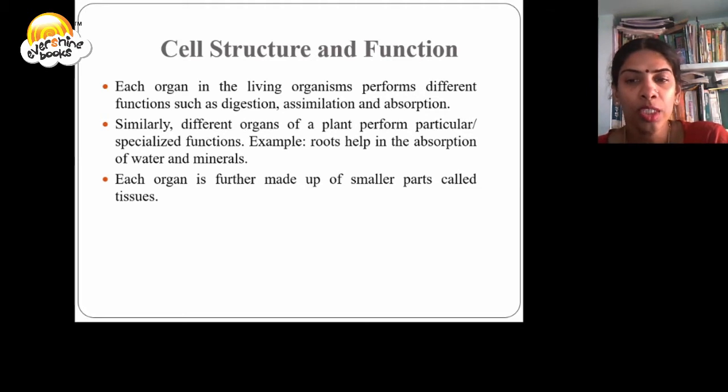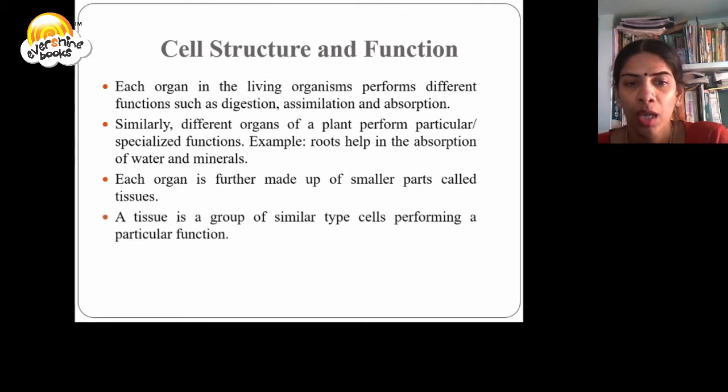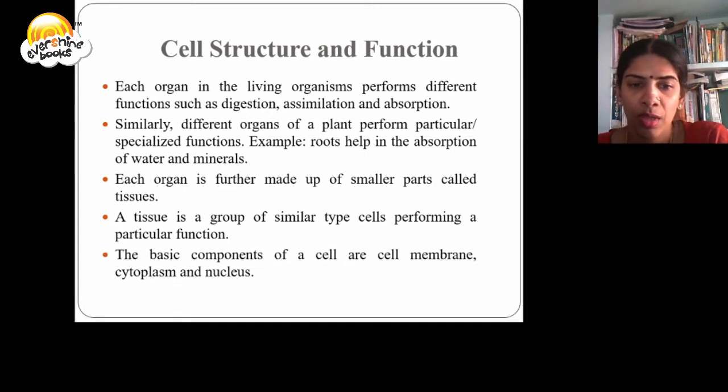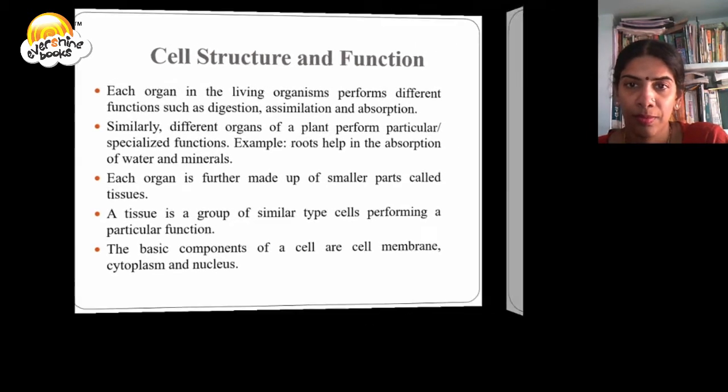Each organ is further divided into smaller parts. We call that a tissue. A tissue is a group of similar types of cells which perform a particular function. The basic components of the cell are three main parts, that is, cell membrane, cytoplasm, and nucleus.